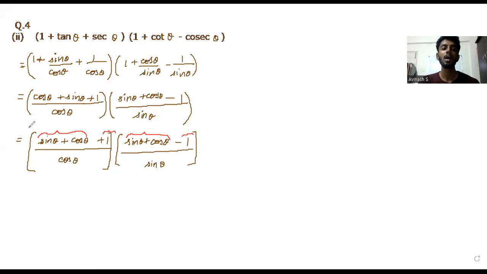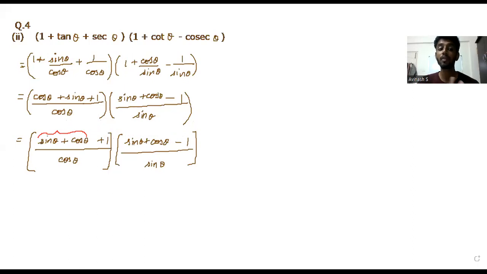Now you can see it resembles A plus B into A minus B, where A and B are the same. A is sin theta plus cos theta and B is 1. Only the plus and minus in between them is changing. Usually we have been used to applying A plus B into A minus B only for 2 terms.